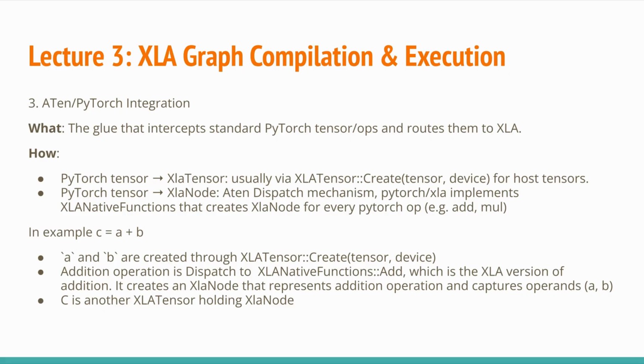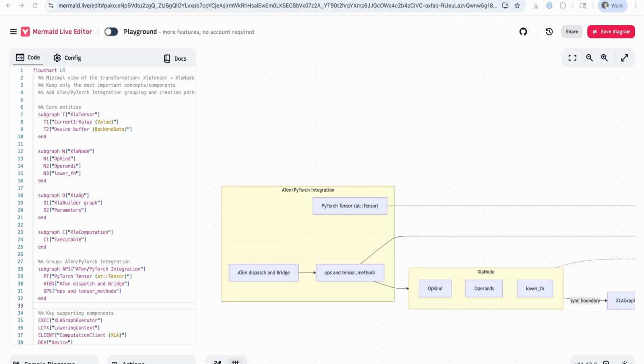Instead of immediately computing the result, it creates an XLA node that represents the addition operation and captures the operands. Variable c, which is another XLA tensor, will be created at the end to hold the result of a + b, which will be an XLA node. In the graph, this part represents ATen PyTorch integration.